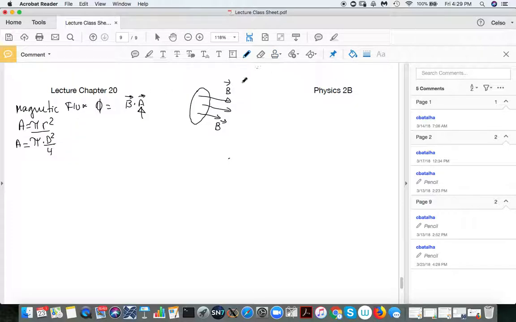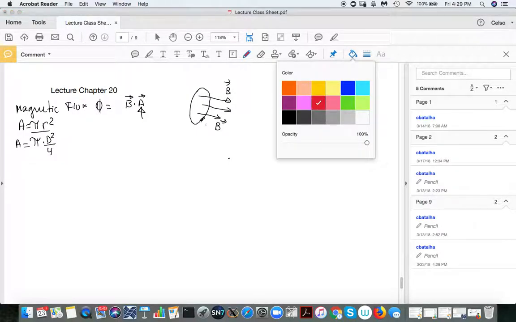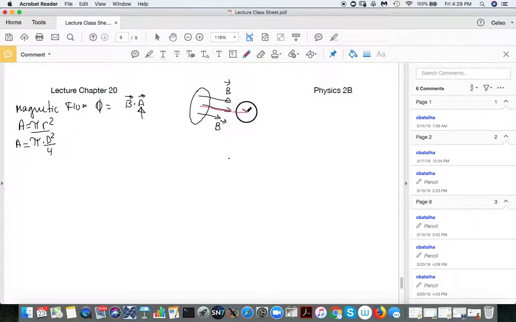And direction, pretty much you choose. The direction of this vector area is chosen to be perpendicular to the surface. In the case of a circle, the surface is the surface of the circle, and here is your vector area.